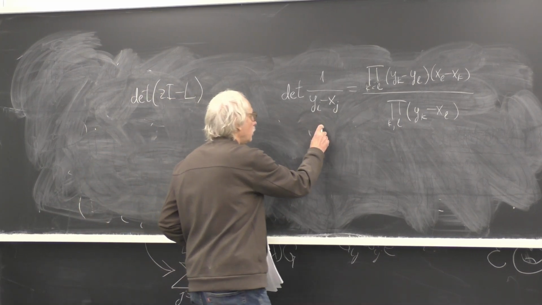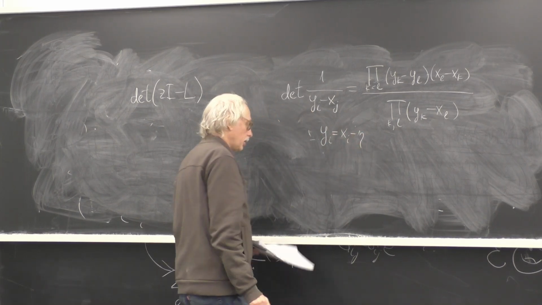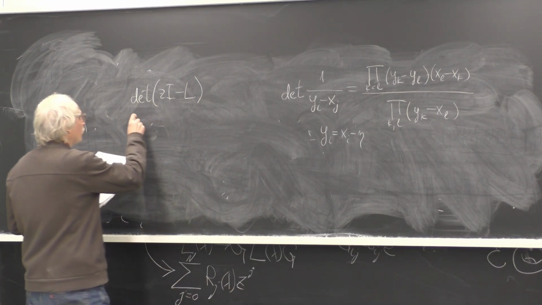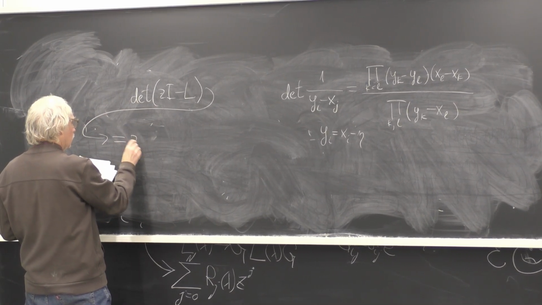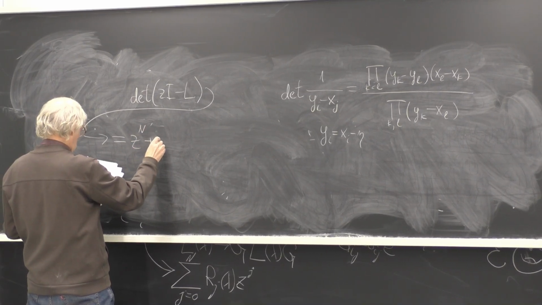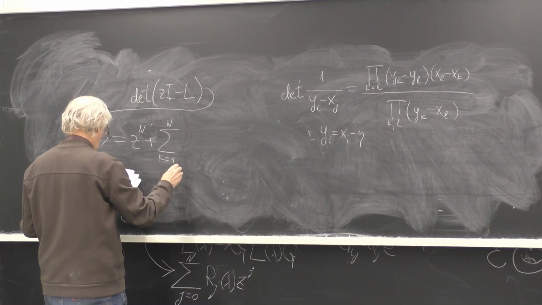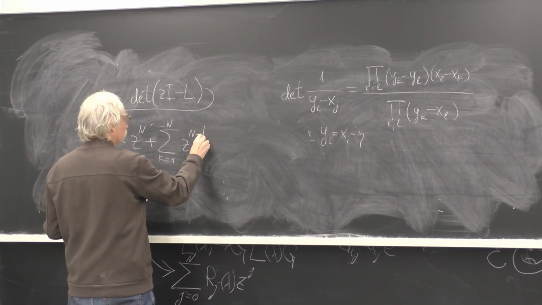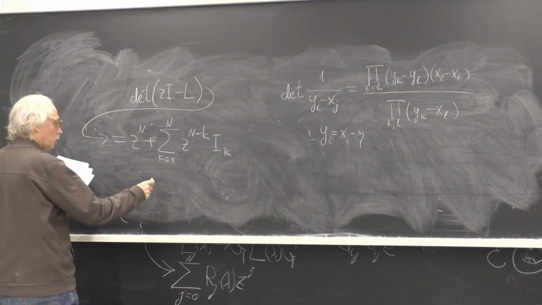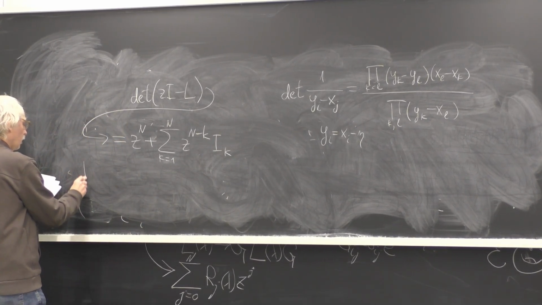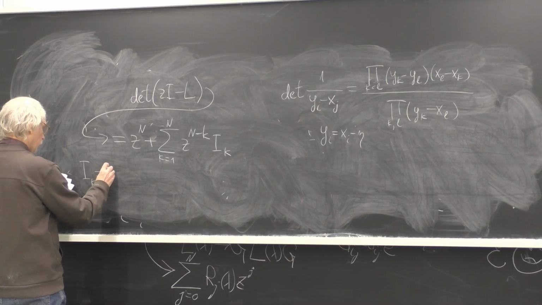In our case, yi is xi minus eta. And using this, we find for this determinant, and these Ik are integrals of motion which have the following form.